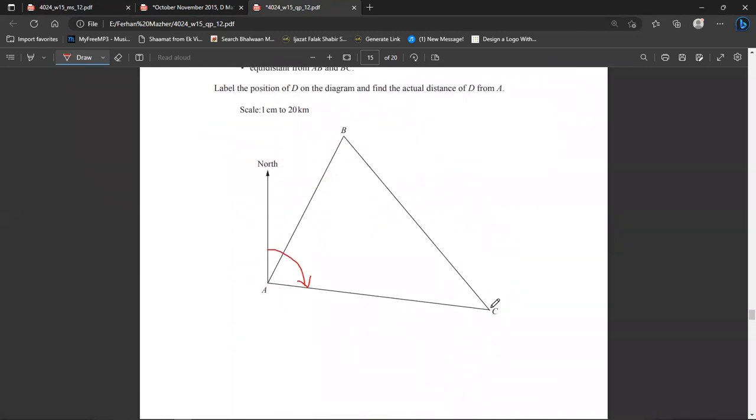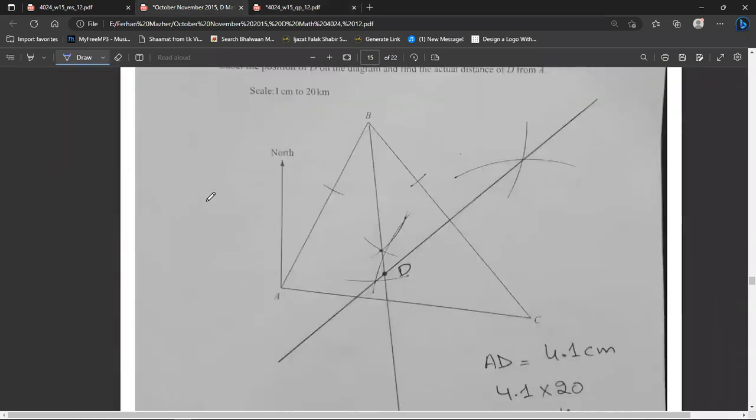You put your compass here, you open it more than half, you put an arc here, put an arc here. Then you put your compass here, put arc here, put arc here, where these two arcs intersect. Join them, and that will be the perpendicular bisector.